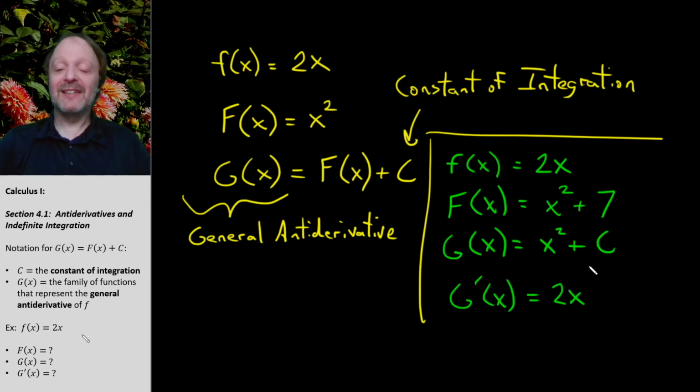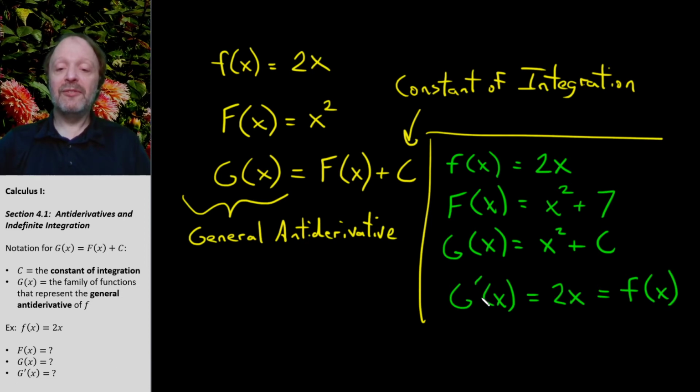The c is a constant, it goes away. So really, the derivative of the general antiderivative is still the same thing. It's still the function that you started with, which should be. If it's not, we've done something terribly wrong. So that is comforting in a way.